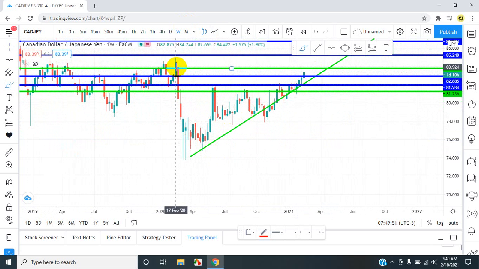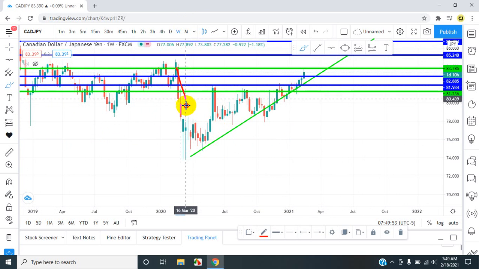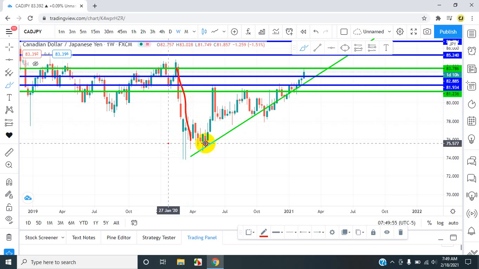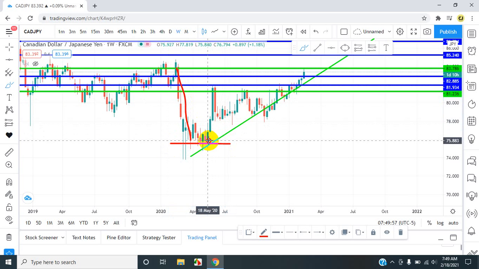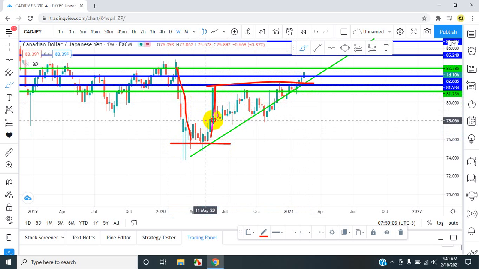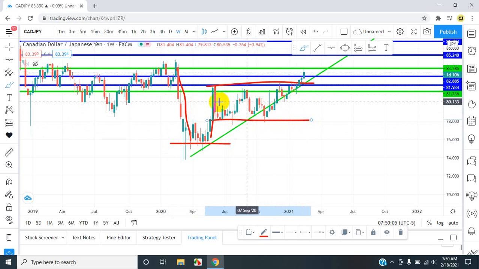So I can identify what's going on. The market pushed down. This is the area of support. It broke through, wasn't able to break this resistance. It created a new area of support here, which you can see it's bounced up and down in here. You can see a W pattern. So I got a W here.